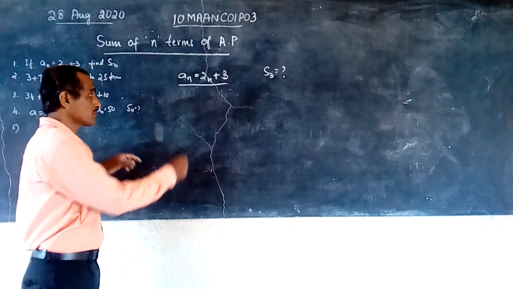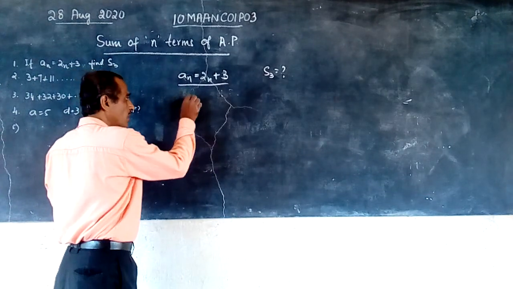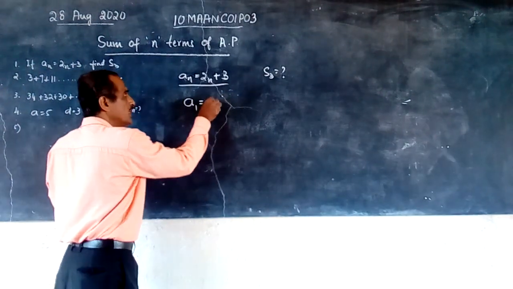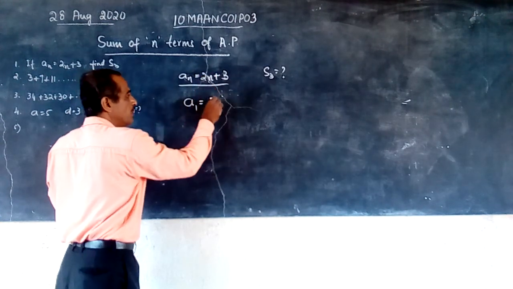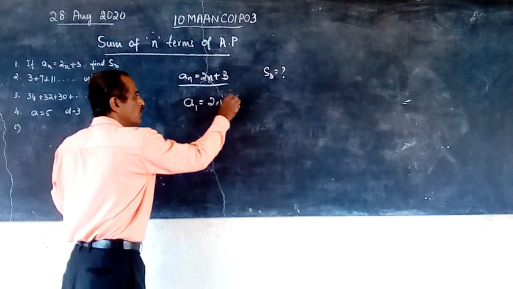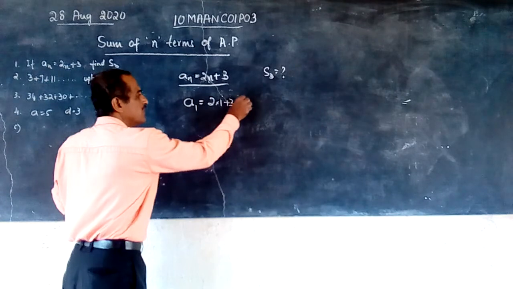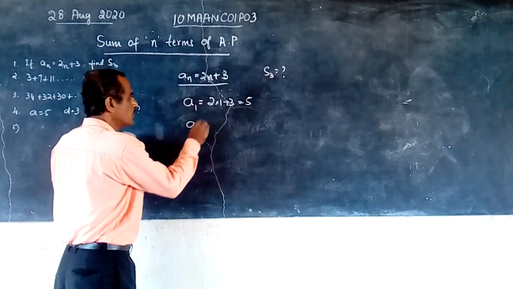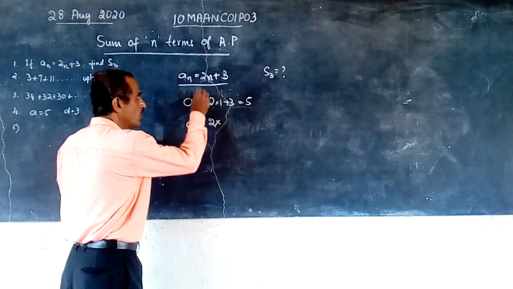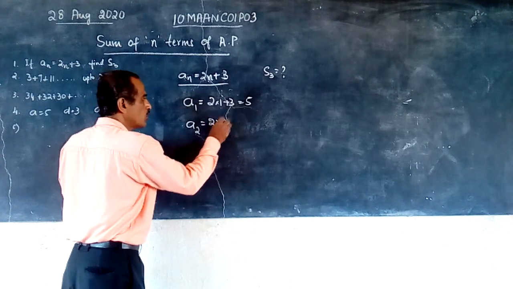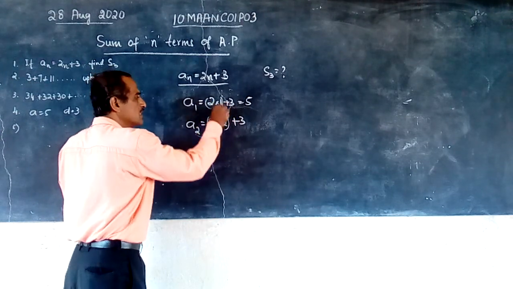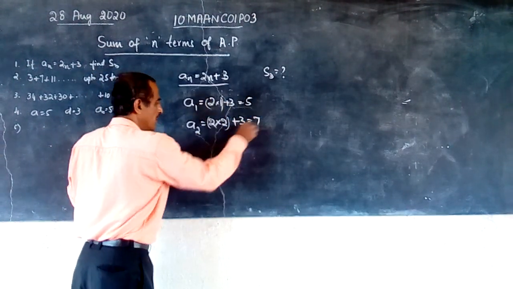See here, what is A1? In the place of n, put 1 in 2n plus 3. 2 into 1 plus 3. 2 into 1 is 2, 2 plus 3 is 5. So A1 is equal to 5. A2, what is A2? n is equal to 2: 2 into 2 plus 3. 2 into 2 is 4, 4 plus 3 is 7.